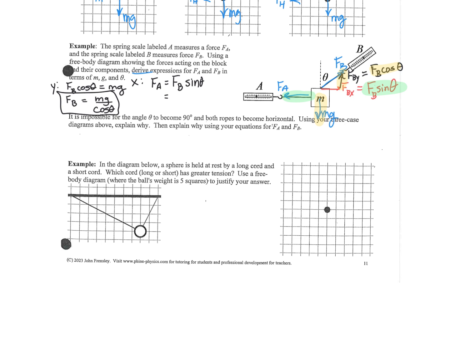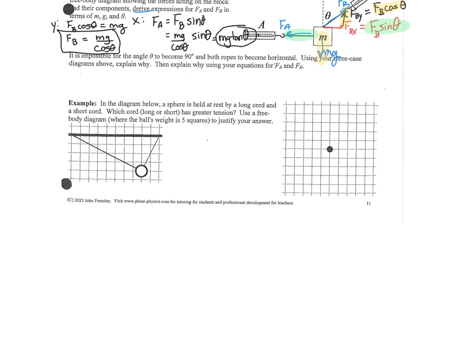Well, what is F sub B? mg over cosine theta times the sine of theta. Well, sine divided by cosine is what? It's tangent. So this is going to be mg tan theta. So we've solved this. We've derived it.